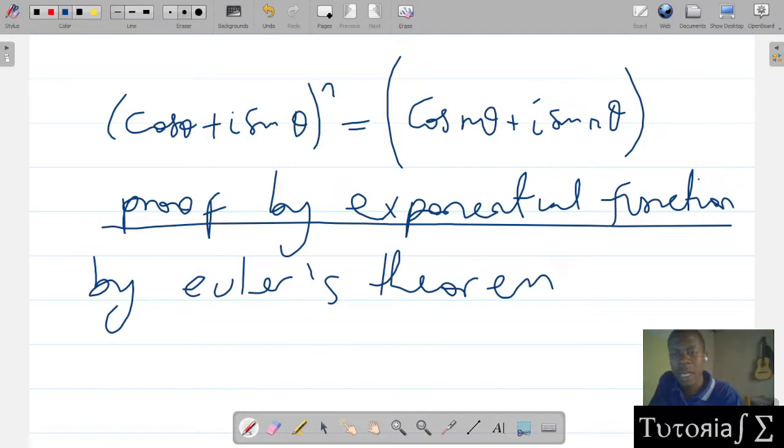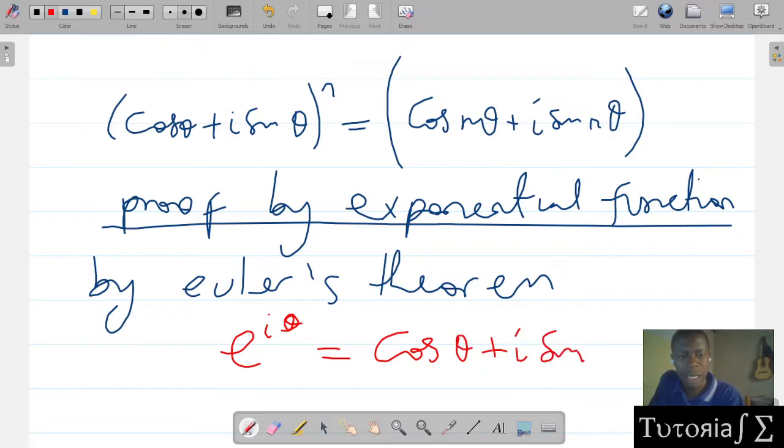we know that e to the i theta is equal to cos theta plus i sine theta. So this is Euler's theorem, and that is for exponential functions.